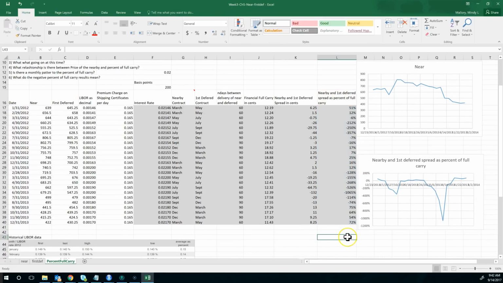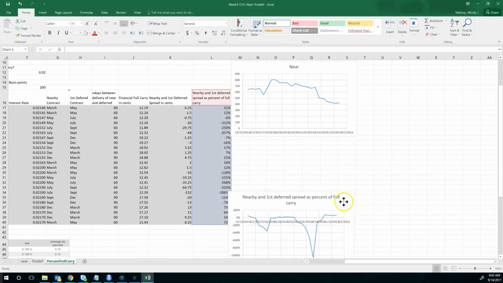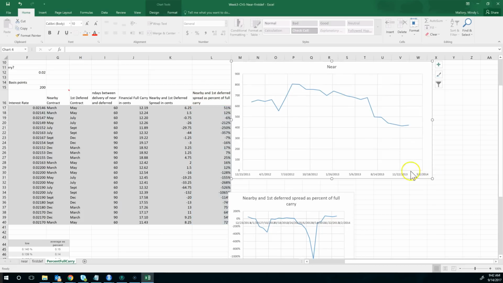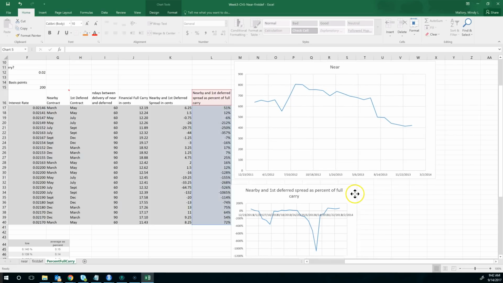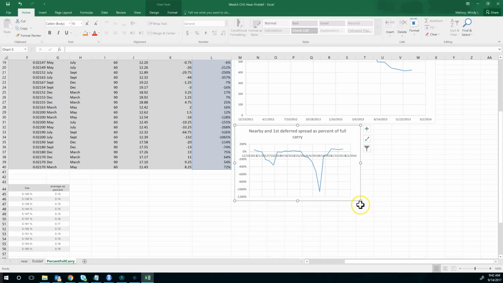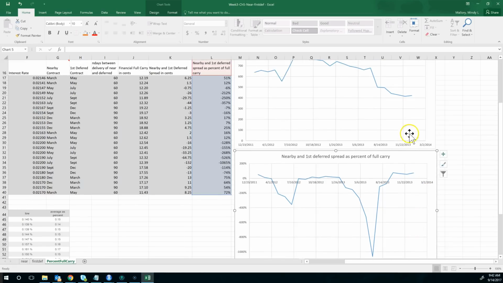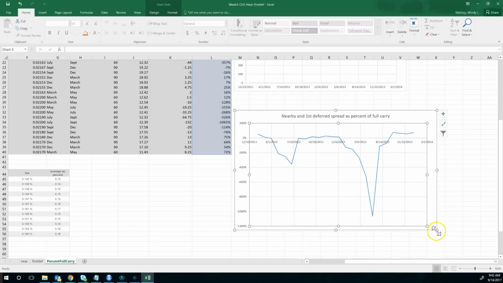All right, so let's take a look at these charts a little more carefully. I'm going to make them a little bit bigger so I can see what's going on. Pardon me, maybe not that big.